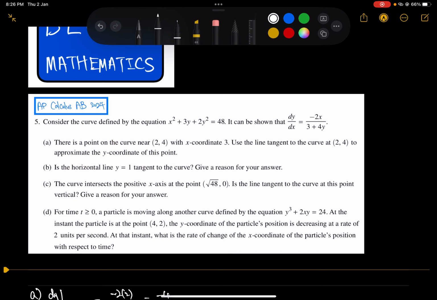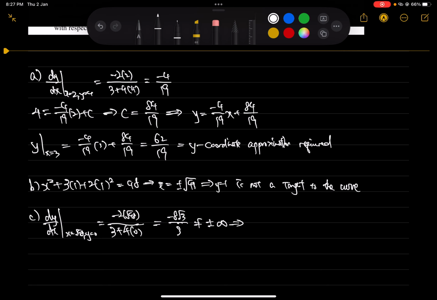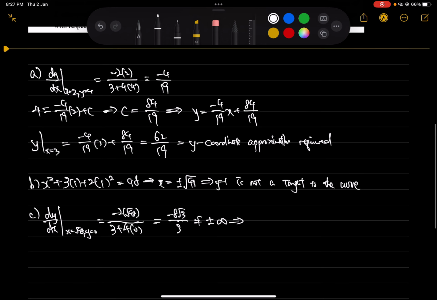So we have to check if the tangent has slope positive or negative infinity, which means let's sub in x as root 48 and y as 0 into that, which is very happily given 8, which means root 48 is just 4 roots 3, which means we have this, which is not positive or negative infinity, so that implies the line tangent at root 48, 0 is not vertical.